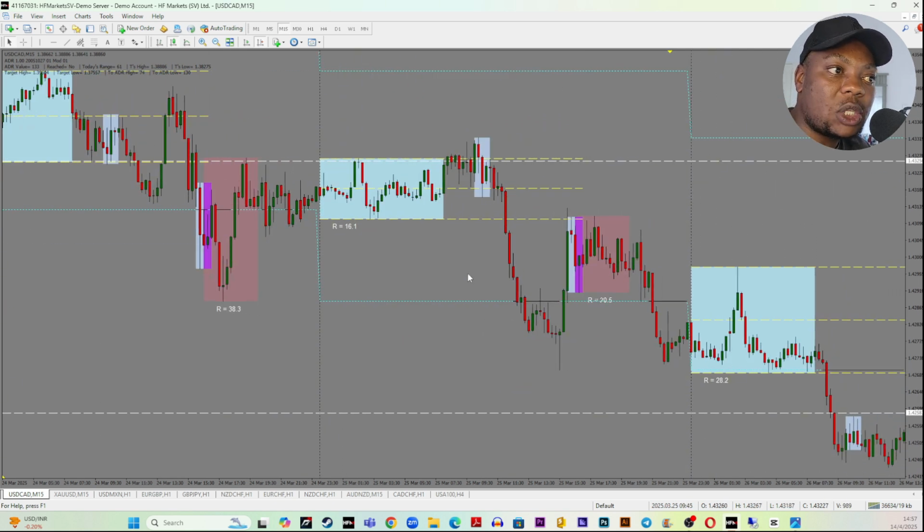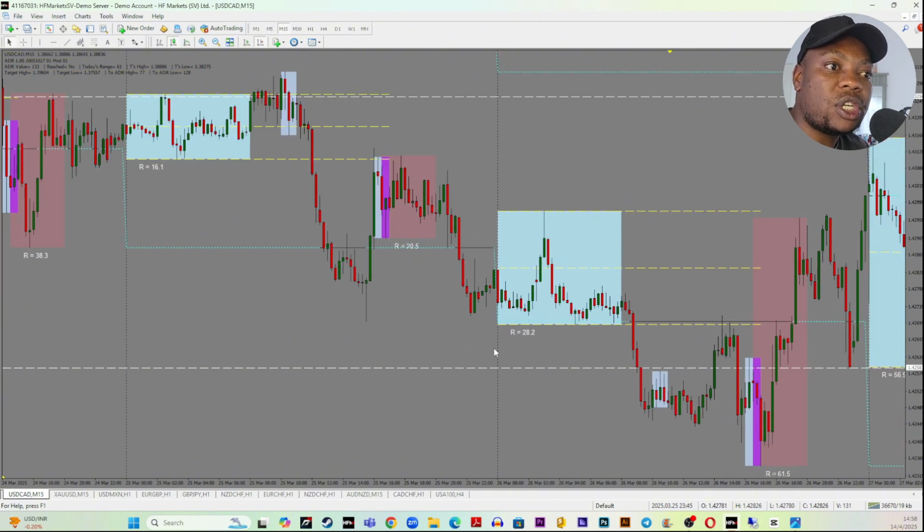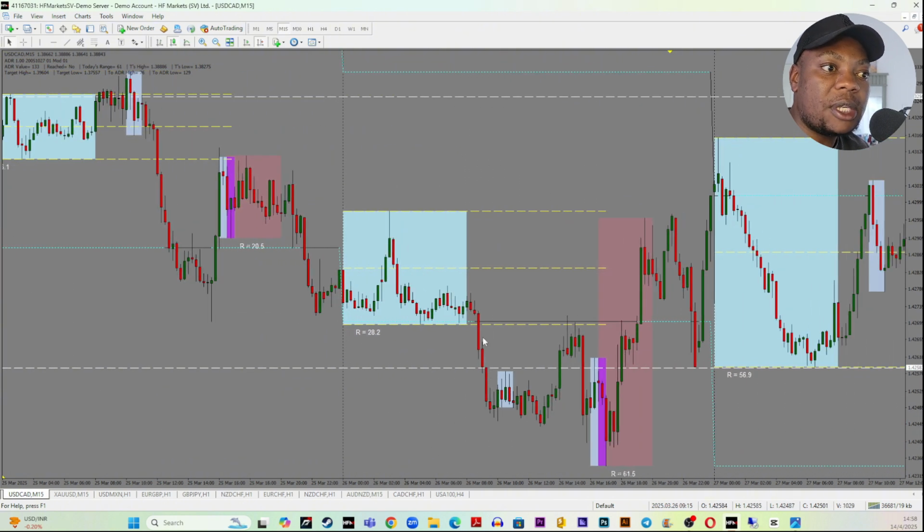On this day as well, we can see that the Asian session low was broken in the London session, and then the market came back to the flip zone in the US session like this, and then continued with its trend. In this particular case, it's unfortunate this setup occurred before the US session.